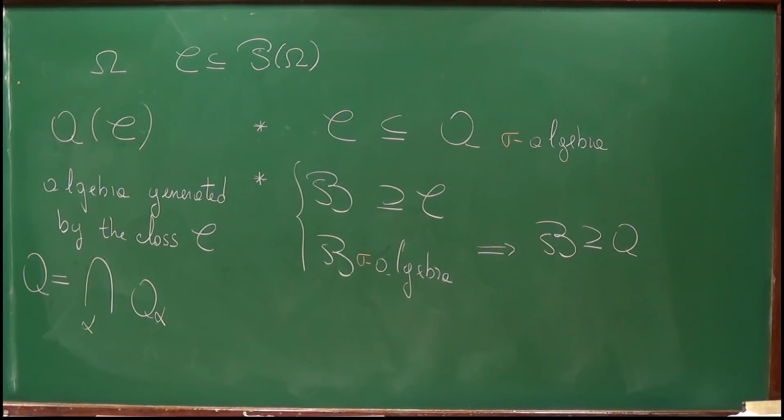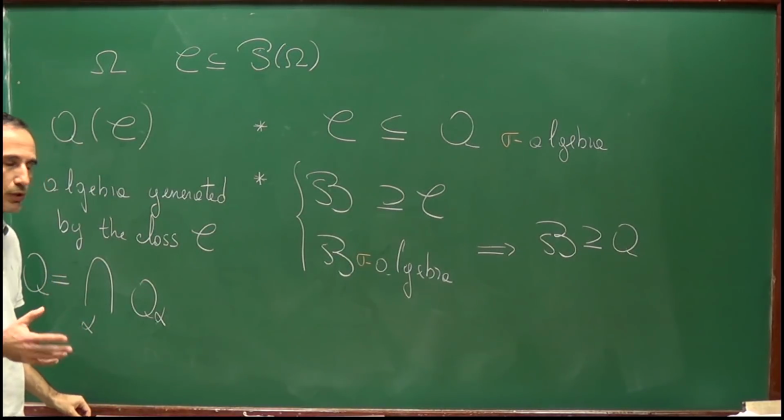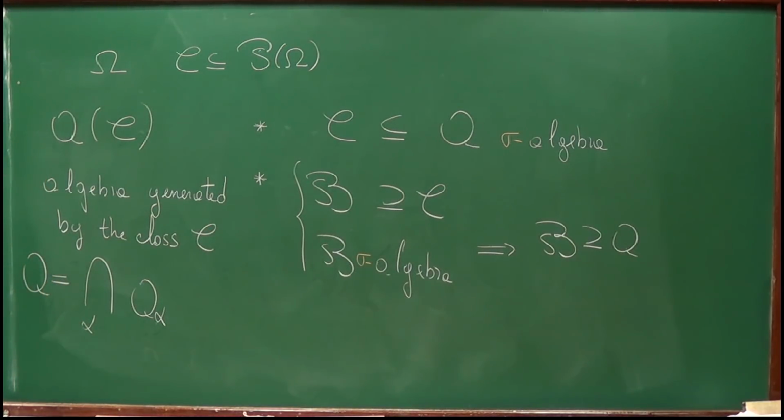And now I can reformulate one observation which I did at the beginning of this lecture, which is the following, and which will be very important. Let's assume that C is a semi-algebra. We will see in a few minutes that the algebra generated by a semi-algebra is very simple, in the sense that I can express exactly what are the sets which belong to this algebra.